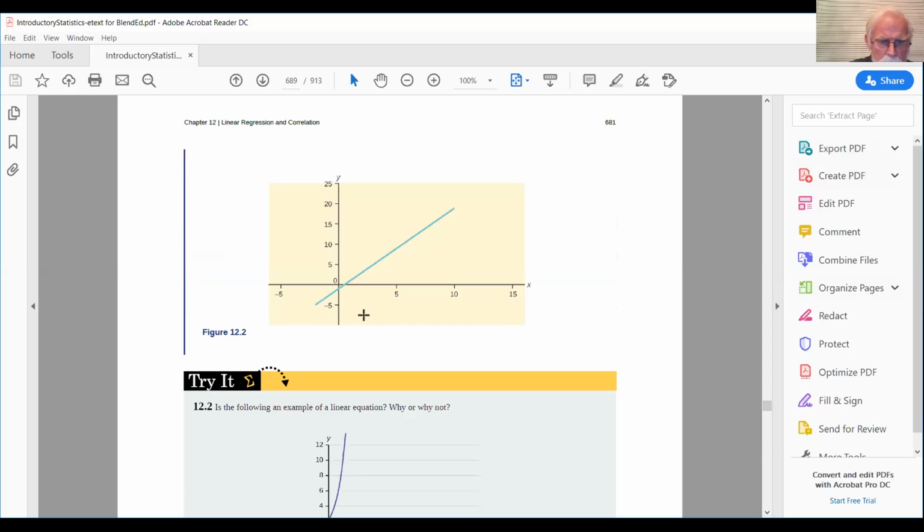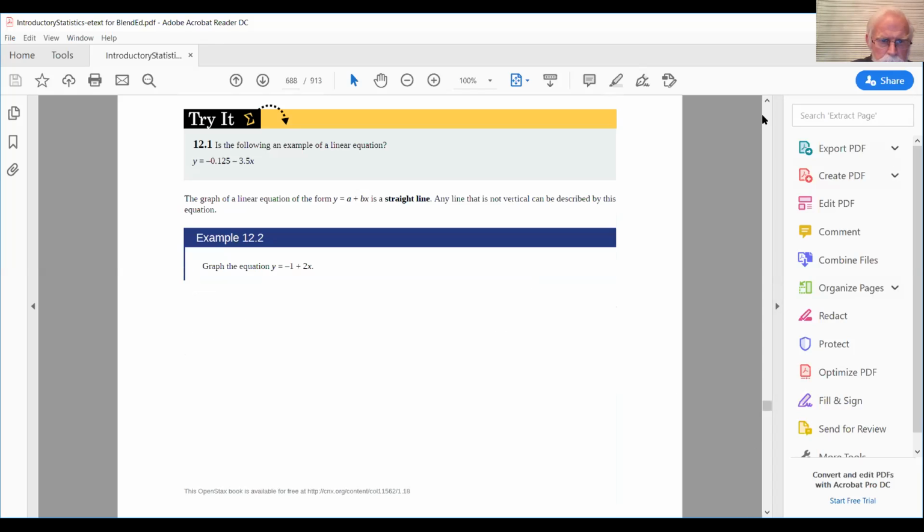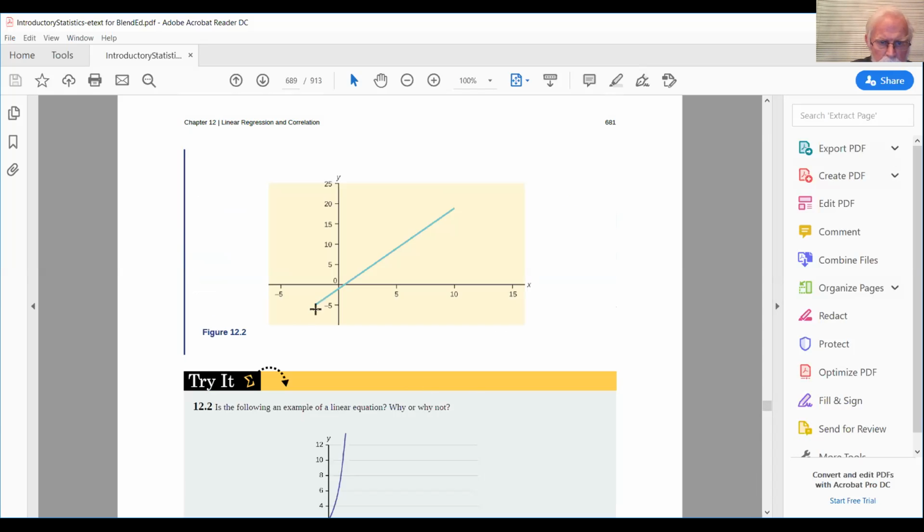If we look at the one equation here, let's go back to the previous page. Minus 1 plus 2x. So the y-intercept is at the minus 1 value and the slope is 2. If we graph that as a straight line, we find that indeed the line crosses here at minus 1.